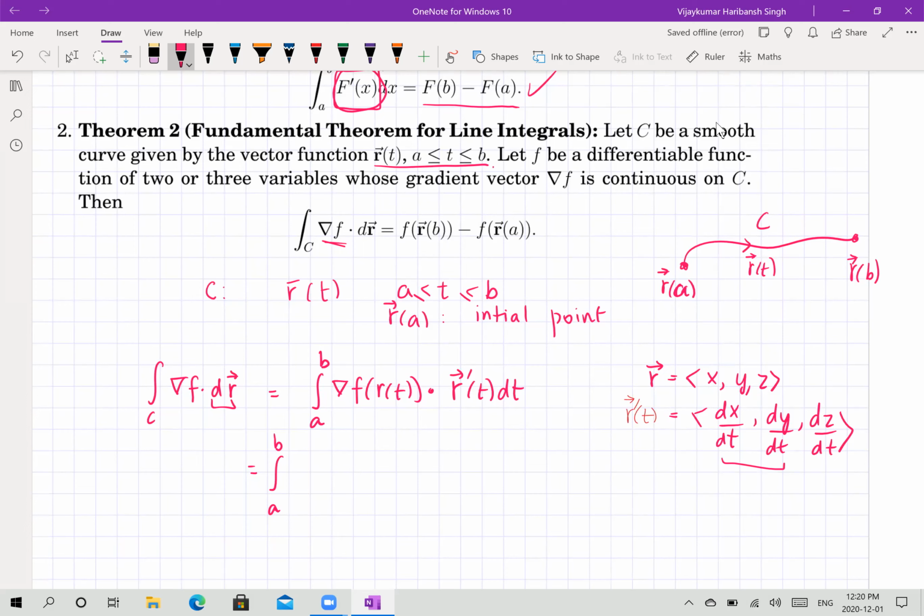Grad f is the partial derivative of f with respect to x, the partial derivative of f with respect to y, and the partial derivative of f with respect to z, dotted with r prime, which is dx by dt, dy by dt, and dz by dt, times dt.